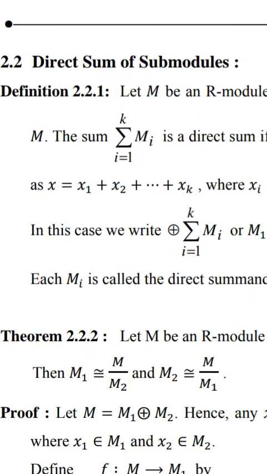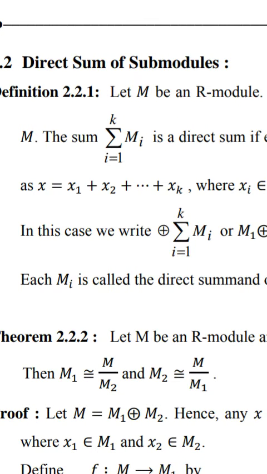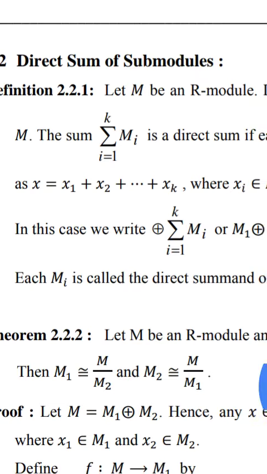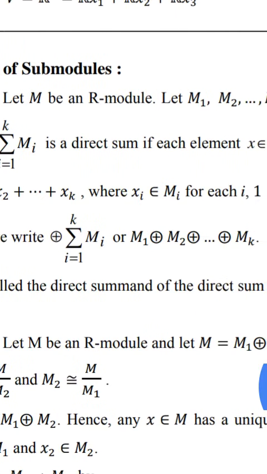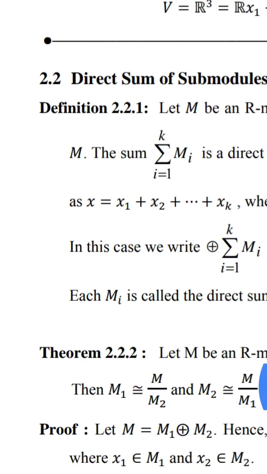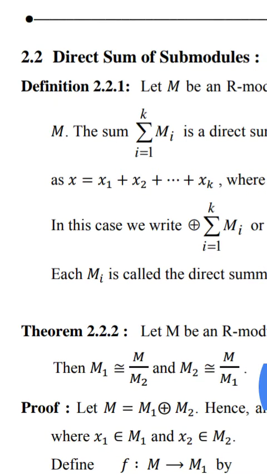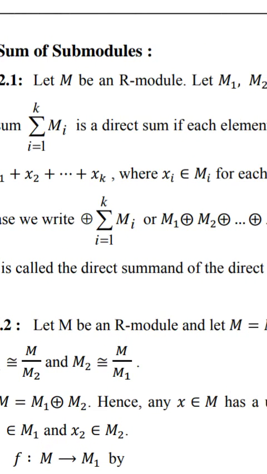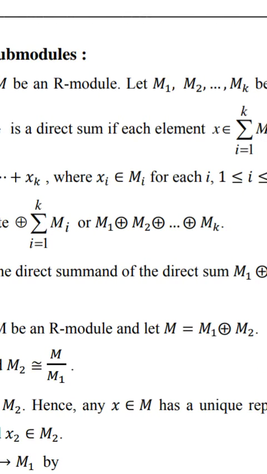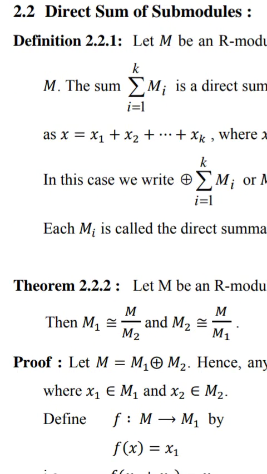In this case, we write the direct sum of Mi is equal to M1 direct sum M2 direct sum ... direct sum Mk.